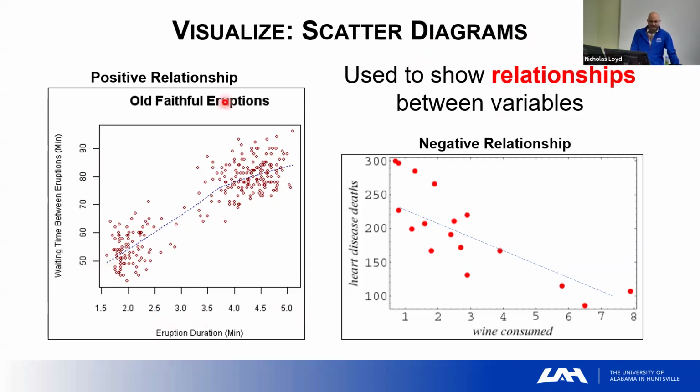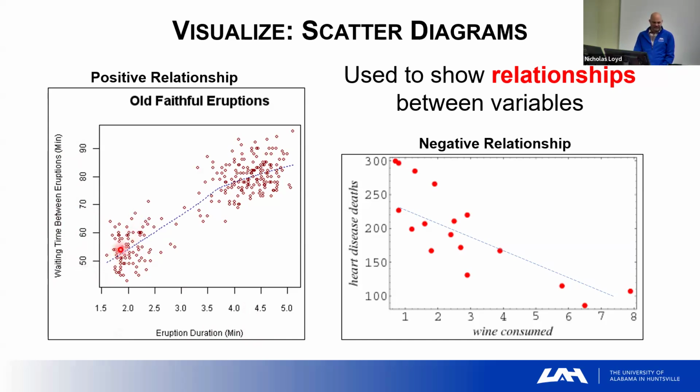So this is Old Faithful at Yellowstone National Park. If I had a hypothesis that the time between eruptions had a relationship with how long each eruption lasted, then I could start to plot each eruption based on how long it was since the previous one and how long it lasted.